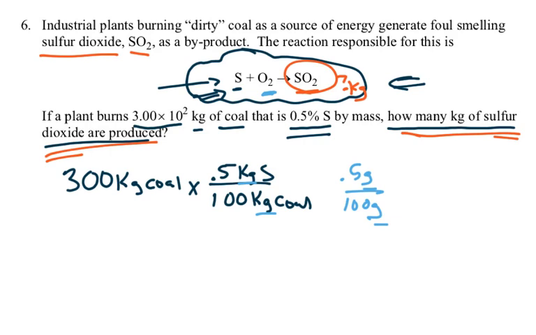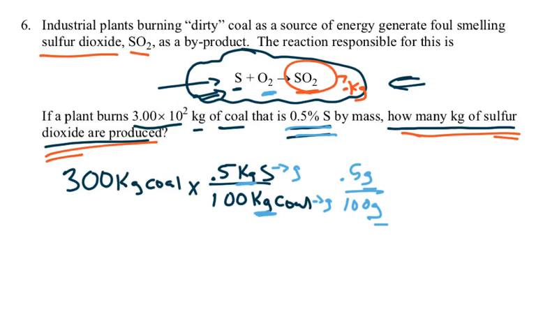We can do that because if we convert this to grams and we convert this to grams, we're doing the same thing to both of them, and so in the end our number is going to be exactly the same, as long as our units are the same. The other way to think about it, if you don't want to do dimensional analysis, is just realize 0.5% of something is sulfur.